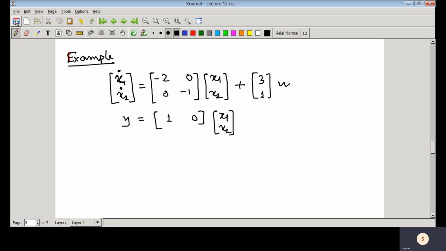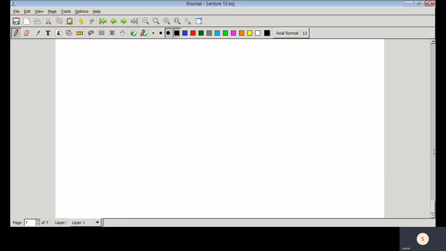So let us just draw the state diagram in this case. The first state equation is x1 dot equal to -2x1 plus 3u, and the second equation is x2 dot equal to -x2 plus u, and the output equation is y equal to x1. So now if you draw the state diagram, what do you get?